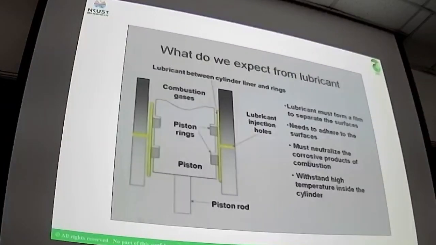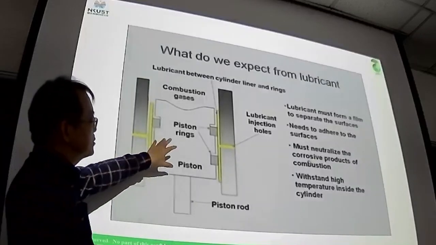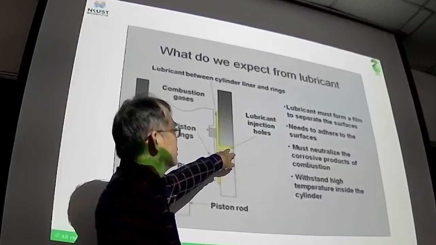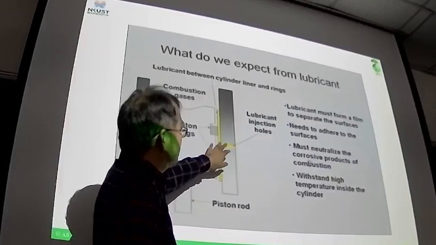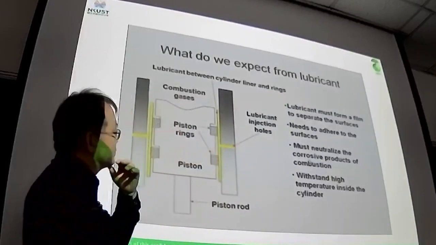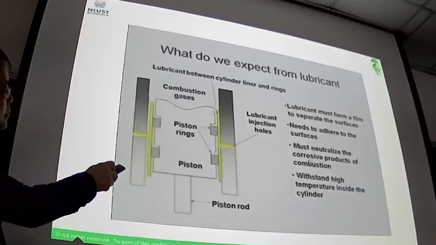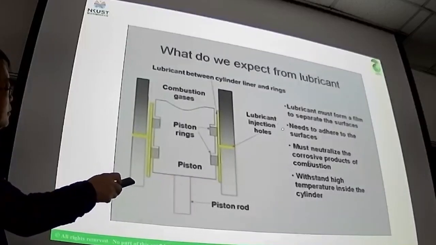Here again is an example of the lubricant in the combustion engine cylinder. Between the piston ring and the cylinder, we have some lubricant that can be injected into the inner surface of the cylinder. So it's the yellow one, it's a lubricant.